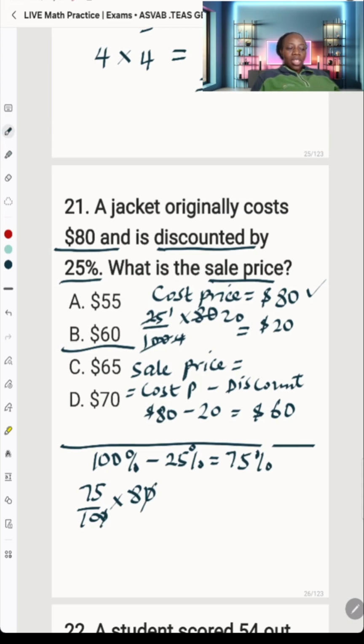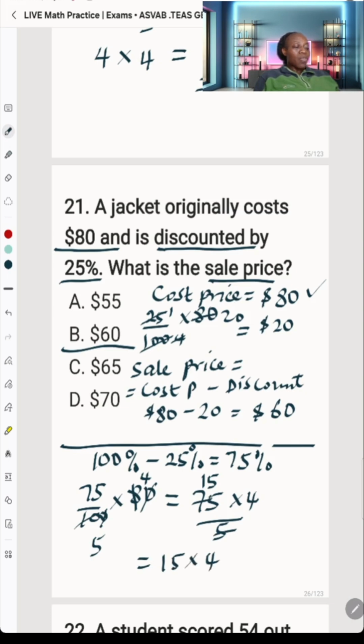Now 75 over 10. Let's use 2 to divide 10, that would be 5. 2 to divide 8, that would be 4. Then how many 5 in 75? That's 15. So that will now be 15 multiplied by 4. What's that? 60. So check which method you prefer.